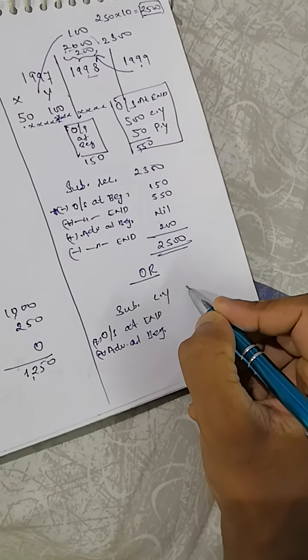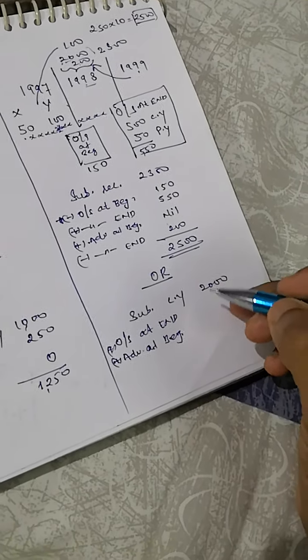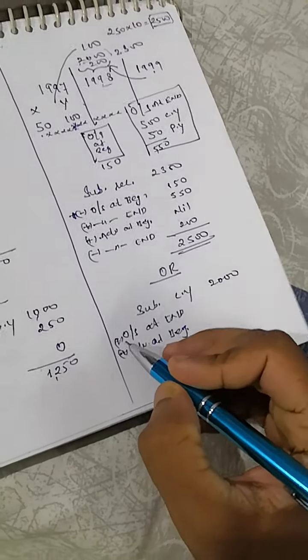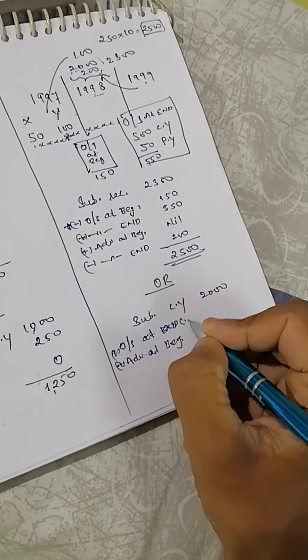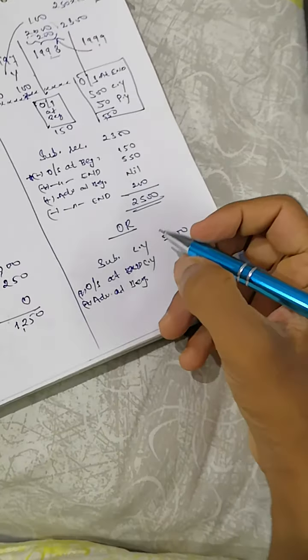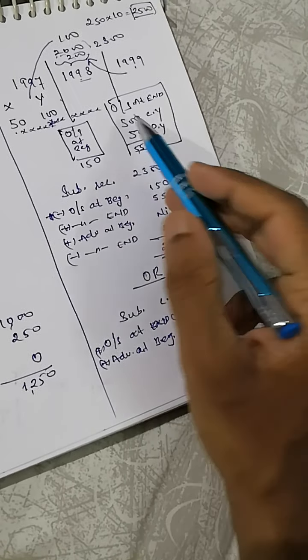So current year subscription is 2000, this is given, and outstanding of the current year.